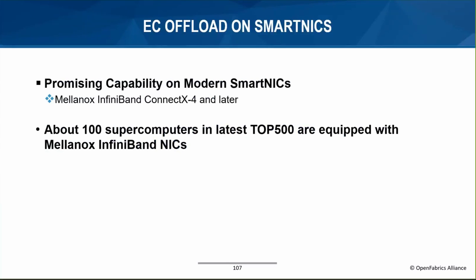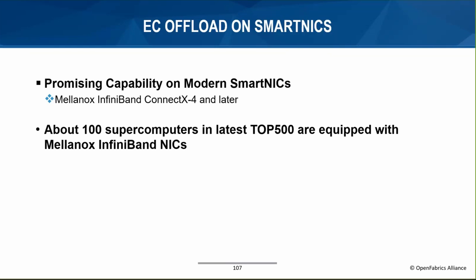Through our exploration, we found that we currently have promising capabilities on modern SmartNICs, especially Mellanox InfiniBand ConnectX-4 or later, like ConnectX-5 and 6. Many Top500 clusters are using InfiniBand NICs or RoCE NICs, so these are becoming very good platforms to utilize to improve the performance of EC operations for distributed storage systems.